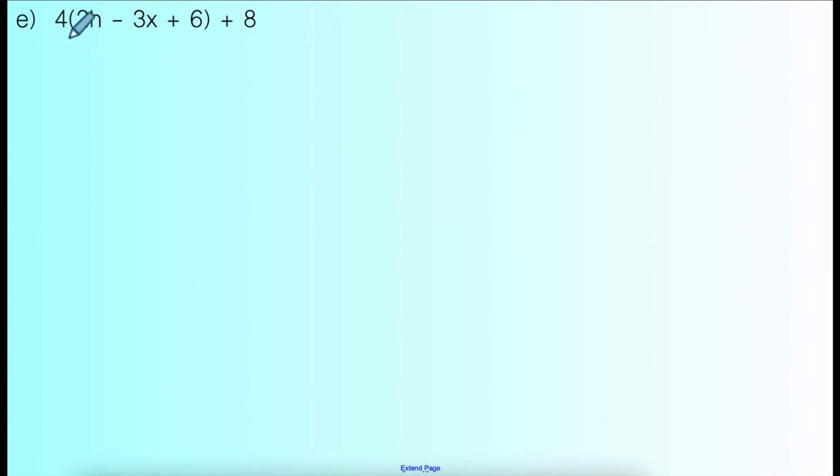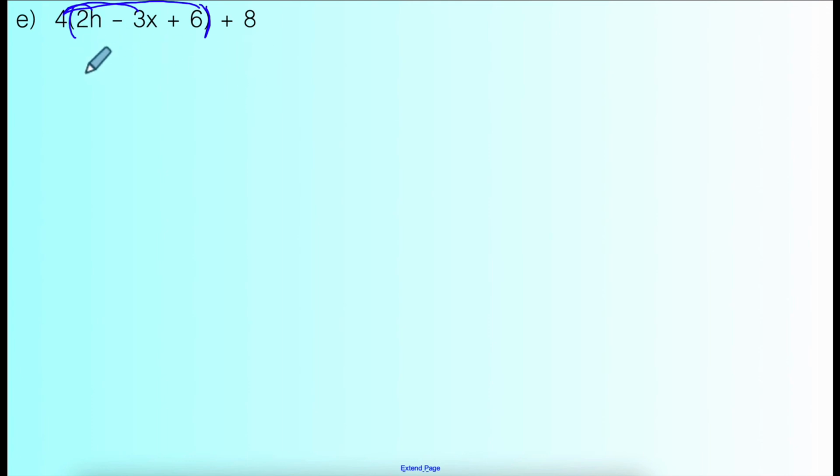But this is 4 times these terms right here, not the term that's outside. So 4 times 2h, 4 times 3x, and 4 times 6. But the 8 is not being multiplied by that 4. It's not in the parentheses. So we're not distributing to that as well.